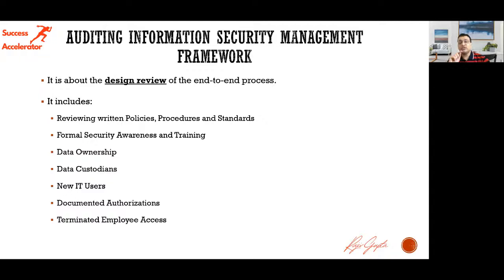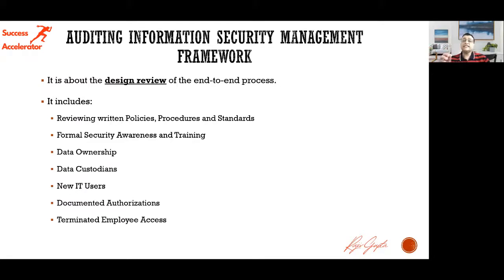Terminated employee access. Guys, this is an unmitigated risk in many organizations, and many times you get a question around this in your CISA exam. Many times, the day a person has left the organization, the access of that user in the network, in SAP, Oracle Financials, gets delayed in being removed.